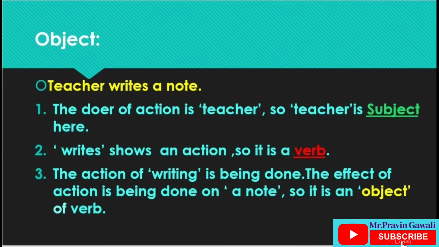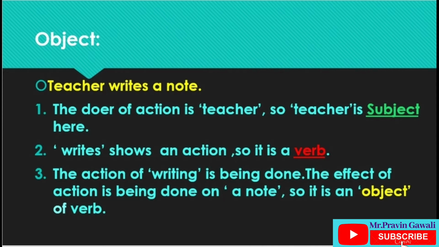So in this sentence, teacher is a subject and writes is a verb. And a note is directly receiving the action of write, or a note is being affected by the action of write. So it is an object.